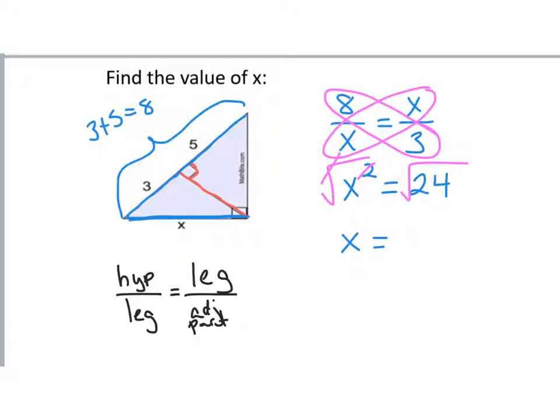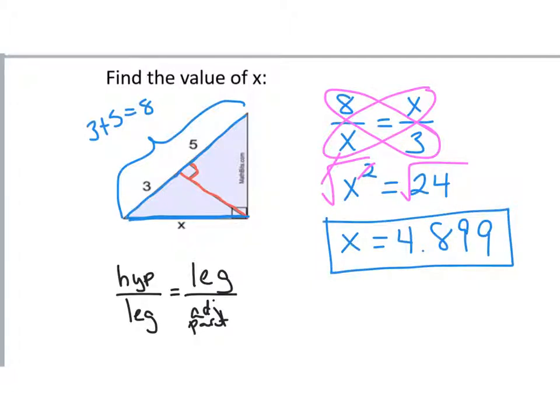Let's see, the square root of 24 is 4.899 if I round to 3 places. For those of you rounding to 2 places, in my regular classes, y'all are going to get 4.90 when everything is said and done.